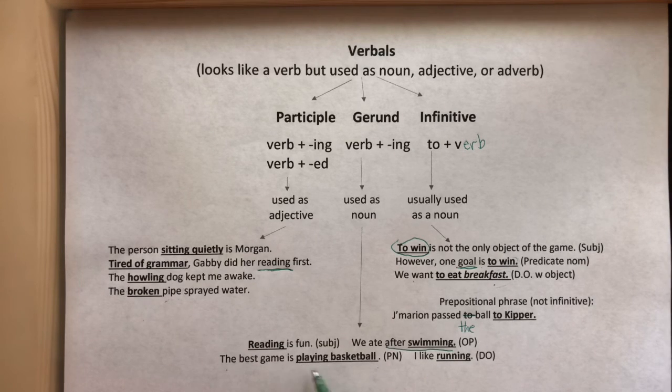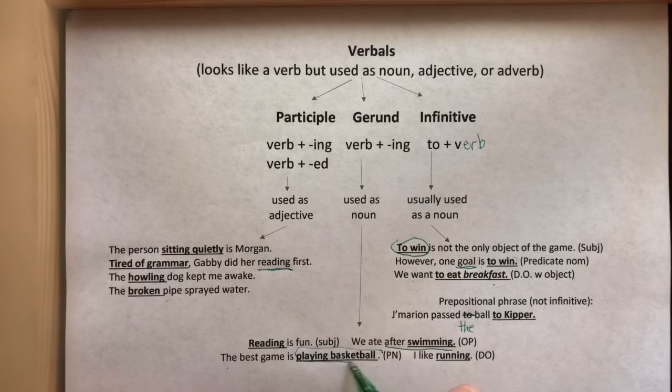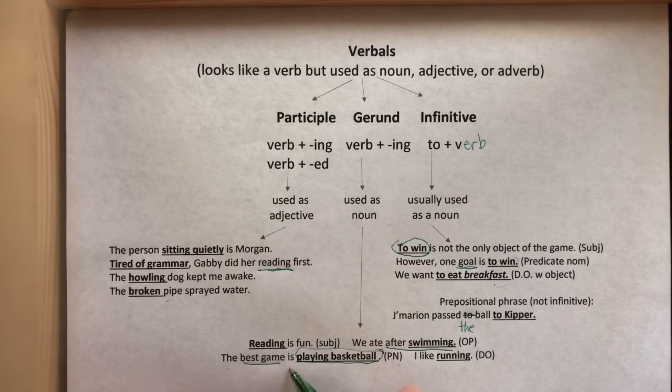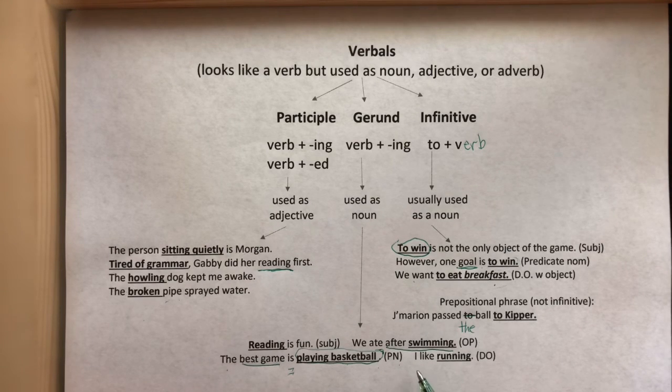Playing is my gerund, but my gerund phrase is playing basketball. Basketball is the object of playing. But this whole thing, playing basketball, functions as a predicate nominative because best game means equals, best game equals playing basketball.